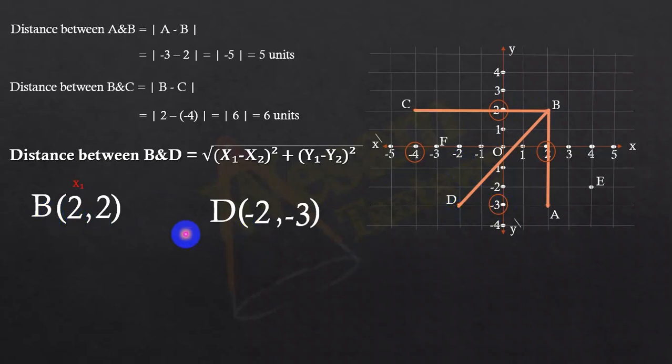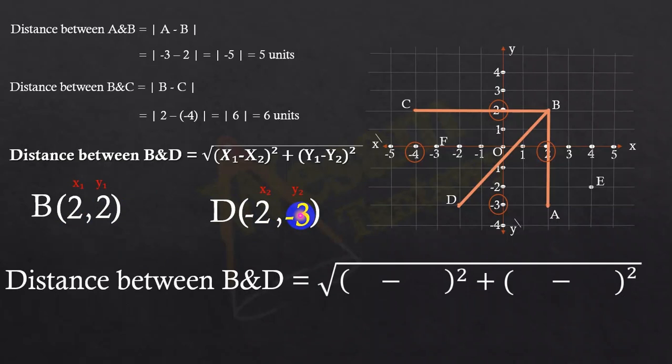Each point has x, y. To differentiate between them, we can say x1, y1, x2, y2. Now, we can substitute in our rule.